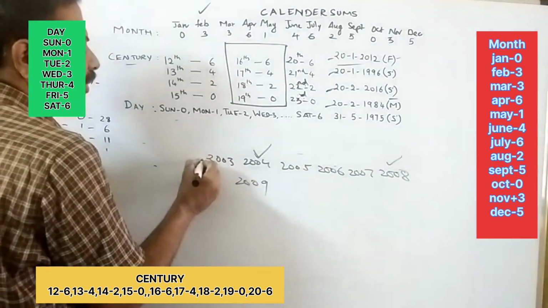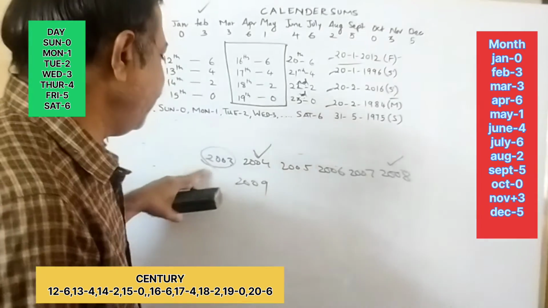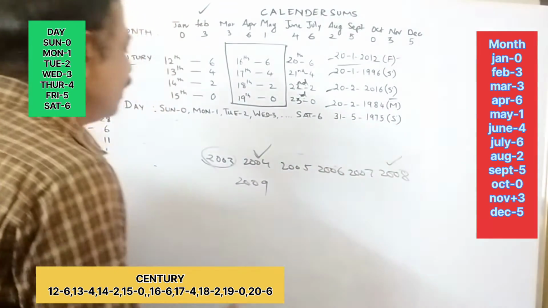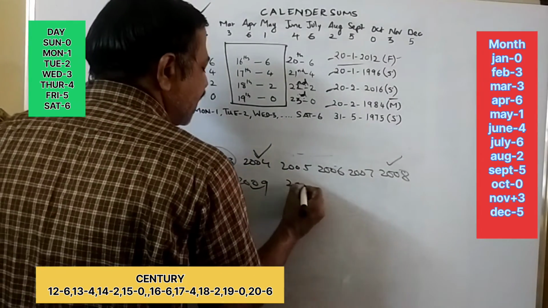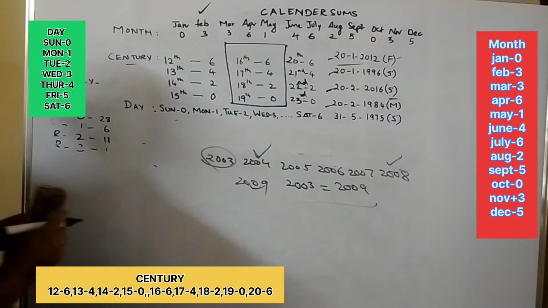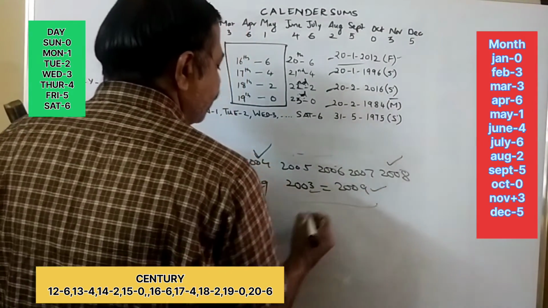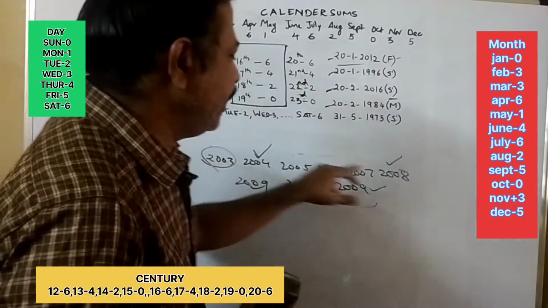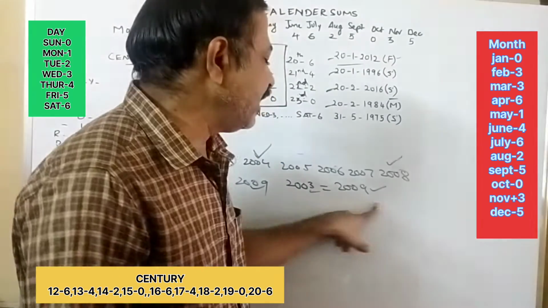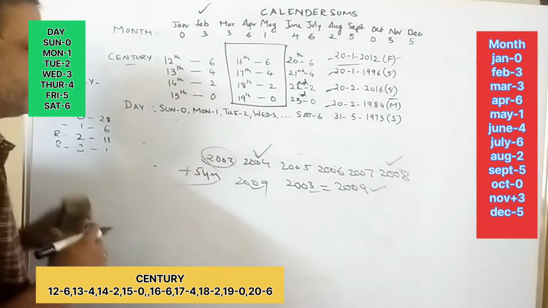If there are 2 leap years between any 2 years, the calendar repeats itself after 5 years.